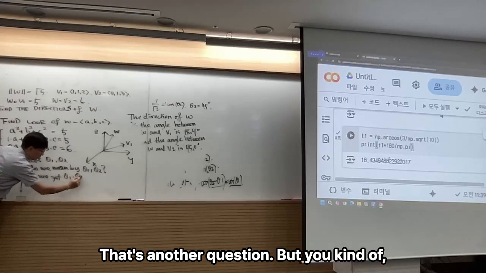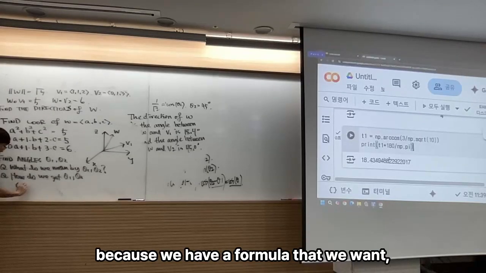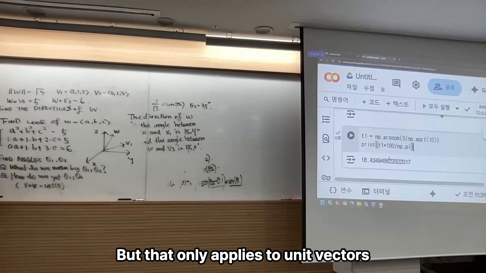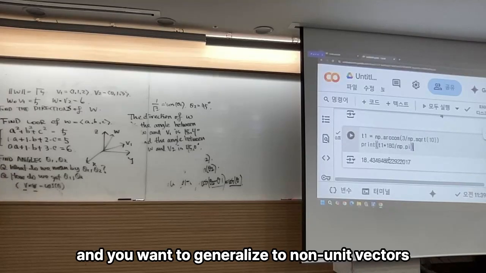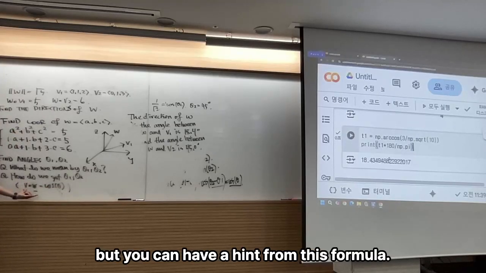You can guess how to get an angle because we have a formula that V1 dot W equals cosine theta, but that only applies to unit vectors and two-dimensional vectors, and you want to generalize to non-unit vectors and the three-dimensional case. So you can have a hint from this formula.